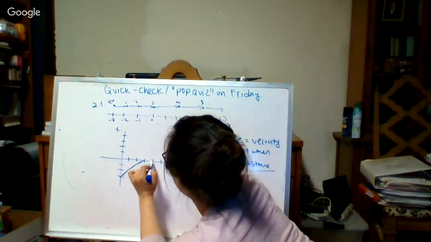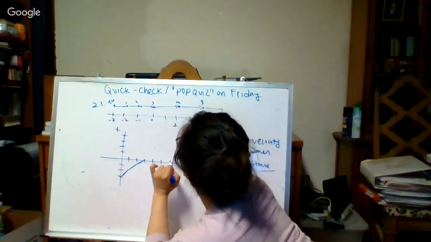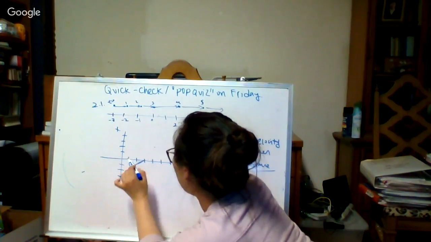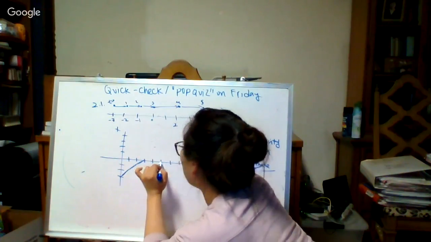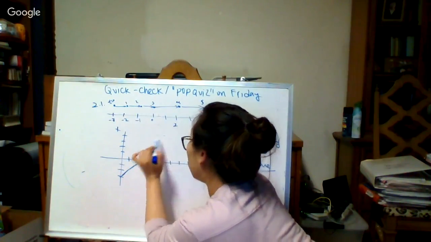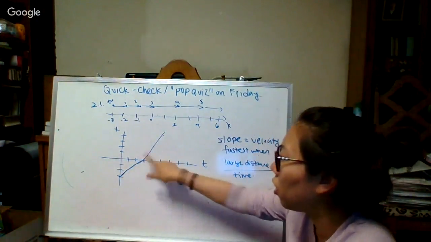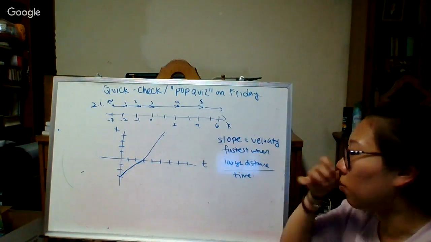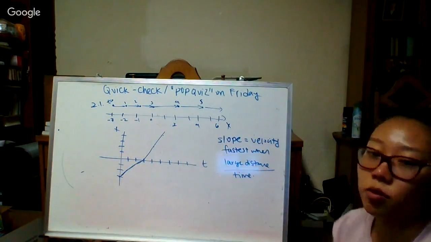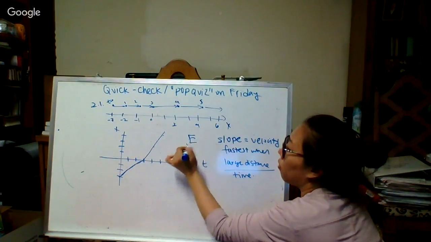And then 1, 2, 3, 4, 5. 5 to 4, which is here. So it's going to look like that. Do you see how the slope is slower here and then much more vertical this way? If you drew it more exactly, you would get better numbers. So that's why your answer for 2.1 is E.